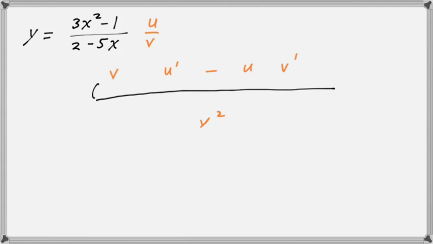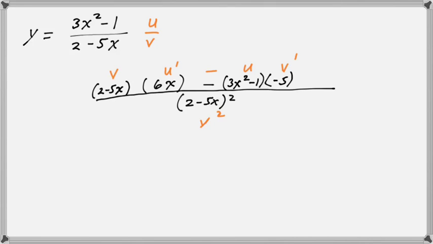Well, it's the bottom, 2 minus 5x. Times u prime, that would be the derivative of the top, 6x, minus u, which is the top, 3x squared minus 1, times v prime, the derivative of the bottom, which is negative 5, all divided by the bottom squared.